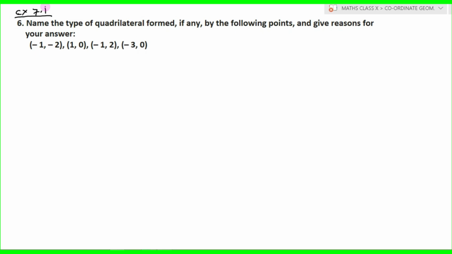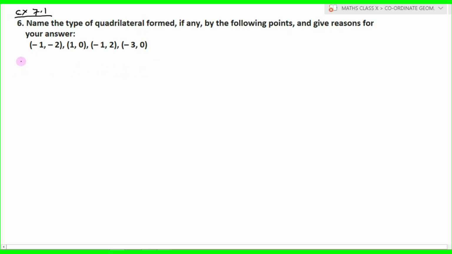So these are the 4 vertices of a quadrilateral. Your question is name the type of quadrilateral formed, if any, by the following points and give reason for your answer. Which type of quadrilateral? First you have to say whether a quadrilateral is formed or not, and if it is a quadrilateral, then which type of quadrilateral that you have to show by giving the reason.